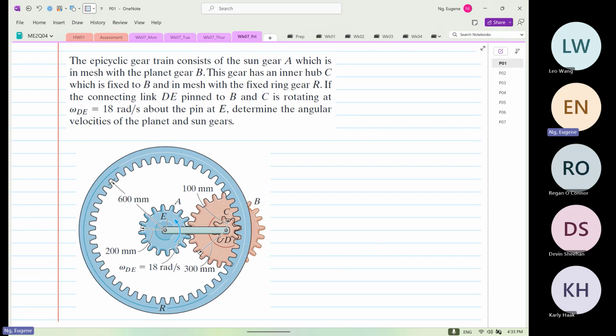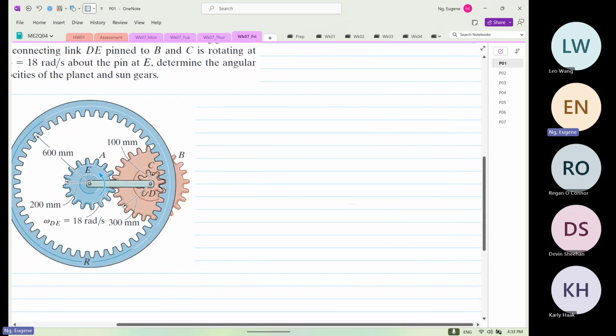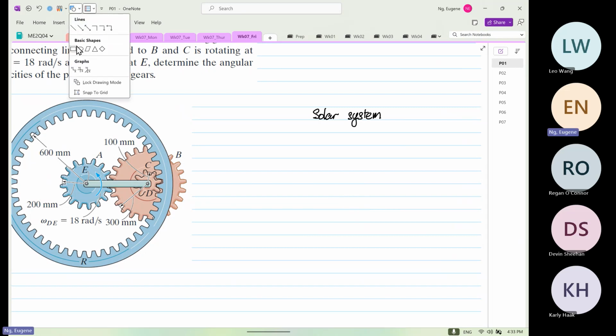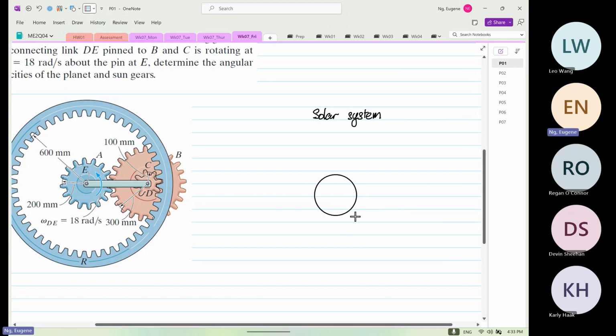Right, so I'd like to explain the term planetary gears. So what you are seeing is planetary gears. But before we go into planetary gears, let's look at our solar system. In our solar system, we have the sun.